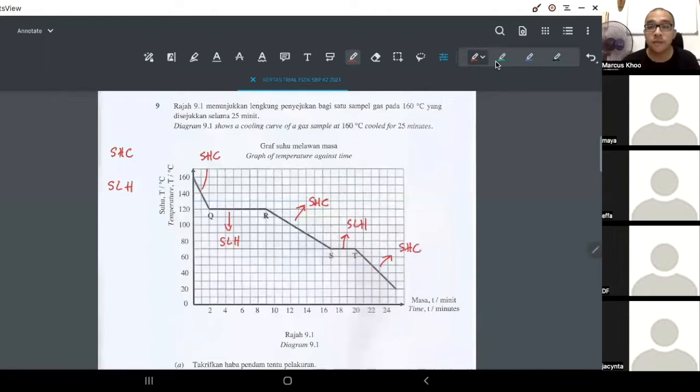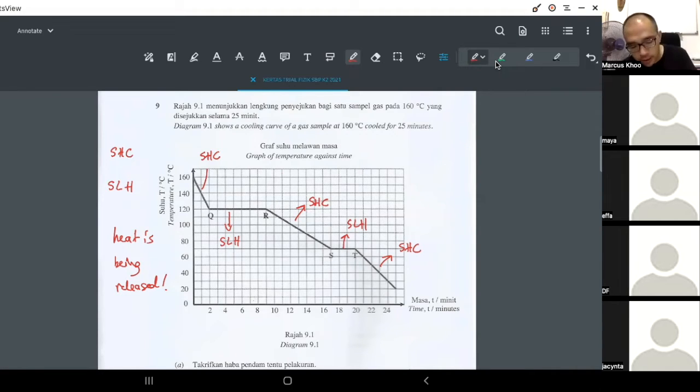And it's very important to note that since this is a cooling graph, the heat is being released. This is probably the most important thing that you need to remember. If the temperature is increasing, the heat is being absorbed, but in this case, it is cooling down, so it is being released.